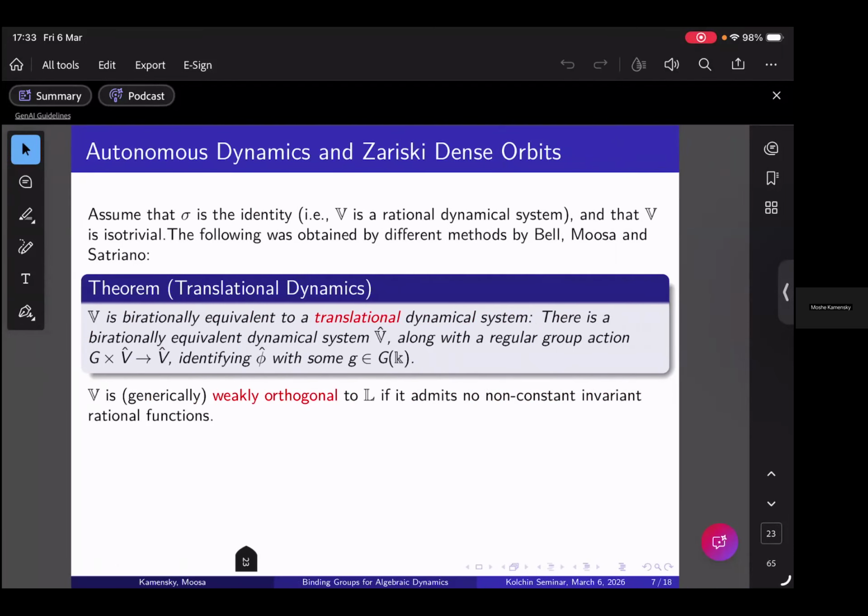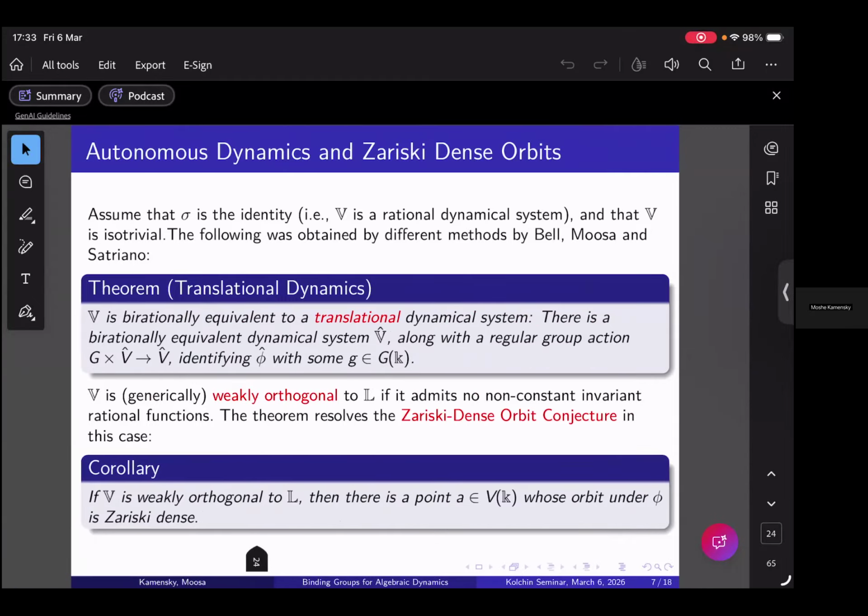And the theorem itself has some well-known conclusions. One of them is what's called the Zariski dense orbit conjecture, which says that there is a point whose orbit is dense.